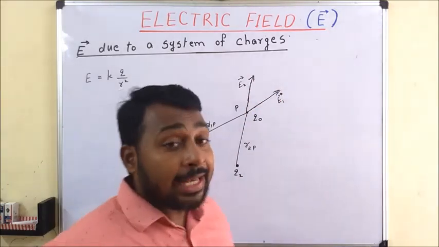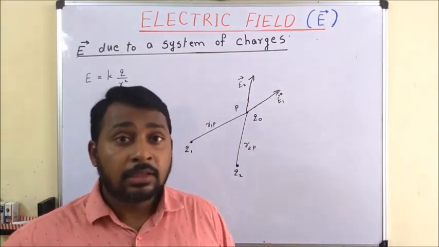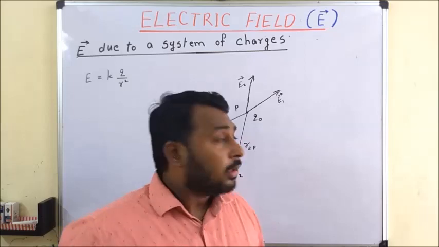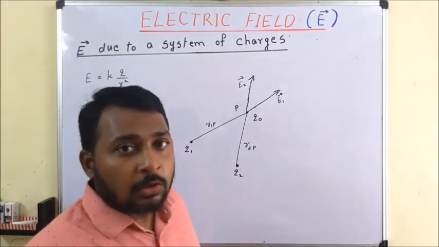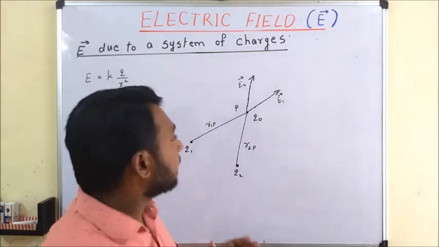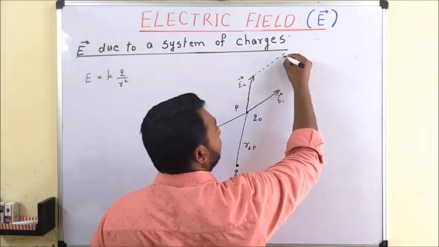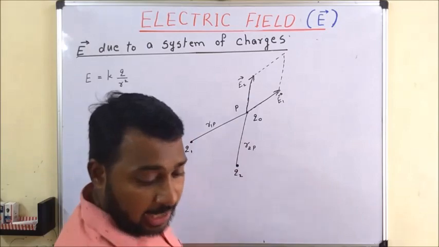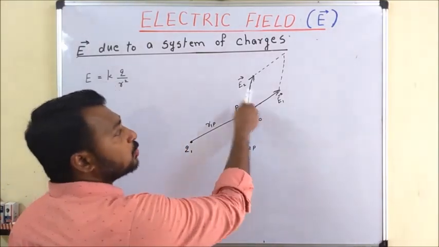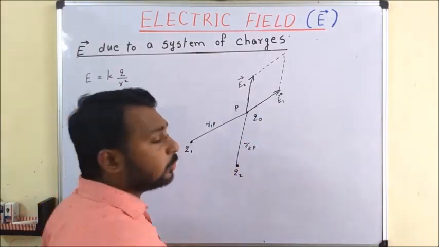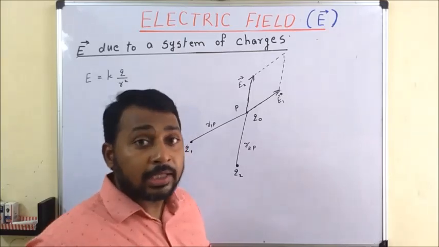Now what will be the net electric field? Let us recall the vector addition law. You remember it? Yes, the parallelogram law of vector addition. Let us complete a parallelogram. So this is a parallelogram, and the resultant of these two vectors E1 and E2 will be given by the diagonal.